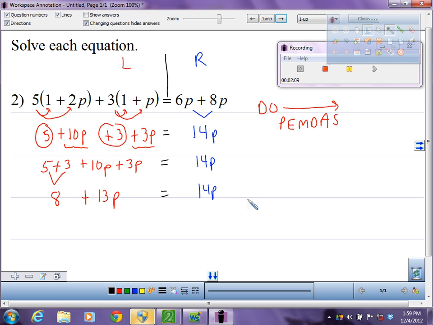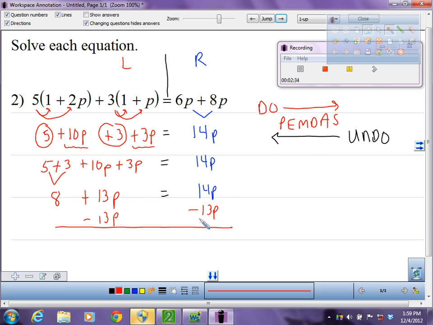So to solve, don't forget that to solve you undo, you go backwards. Okay? So in this case, I can move this p over here to the other side. I'm going to do all of my adding and subtracting first, but I want to move that 13p to the other side. So the opposite of plus is minus.